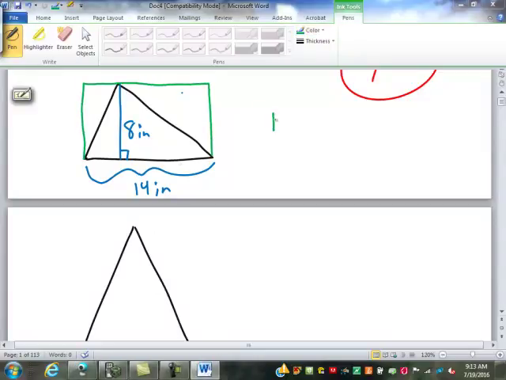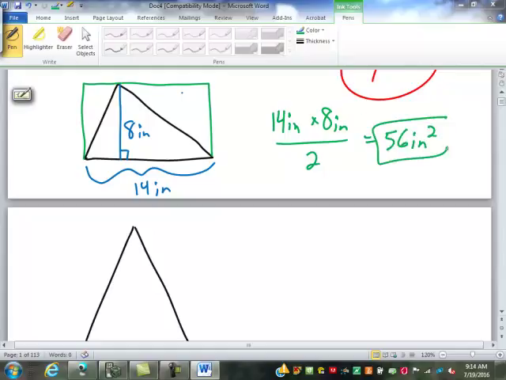The area of that rectangle is 14 inches by 8 inches. And you just divide that by 2. So that would make that area 56 inches squared. Look familiar? It's been like 4 weeks since we did that.